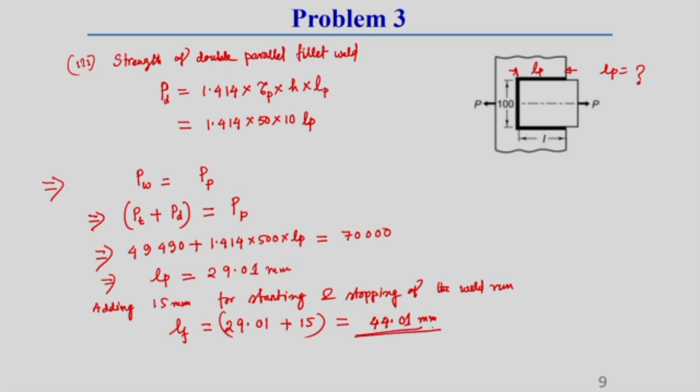So, considering the starting and stopping effect, the final length of the weld should be 44.01 mm. You can consider this as 45 mm also, no problem. If it is a little bit on the higher side, it does not matter.